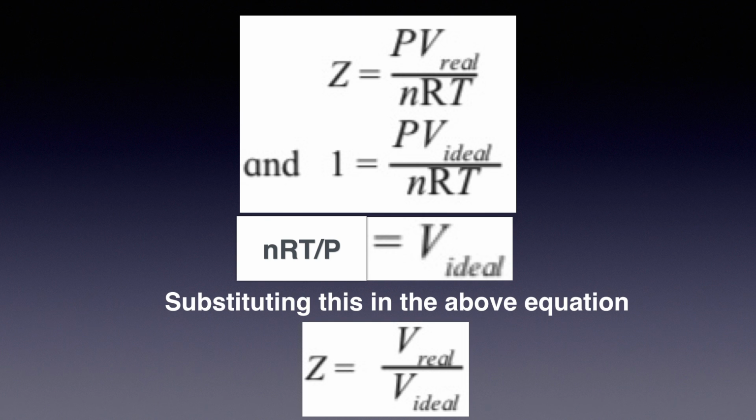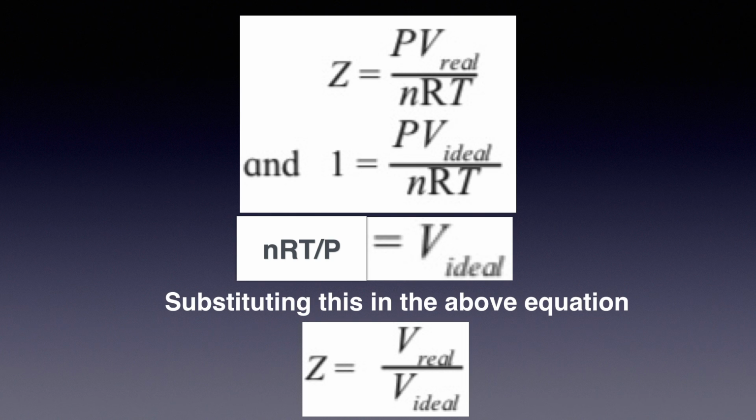in the first equation. Okay, so I can say Z is equal to, instead of nRT upon P, it will become V ideal. Okay, why it will become V ideal? Because I can bring that P down, so it will be nRT upon P. So that term is called V ideal.